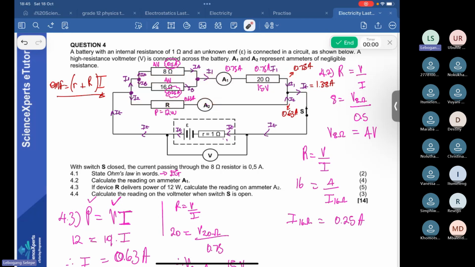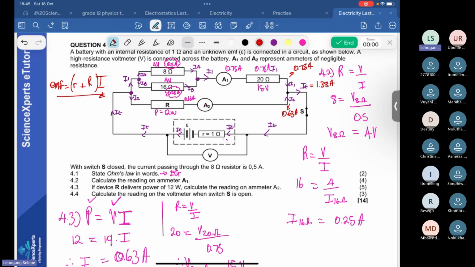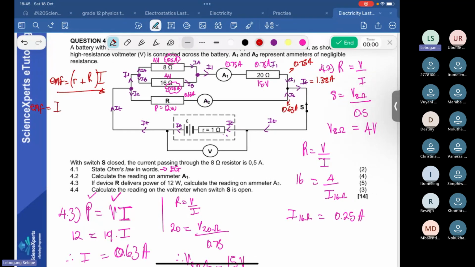But we also have V internal. So we can write this formula to suit our situation. We can write it as EMF equals IR plus Ir, right? So this here, remember, is V external, so it would be 19, right? So we then have to substitute the values.